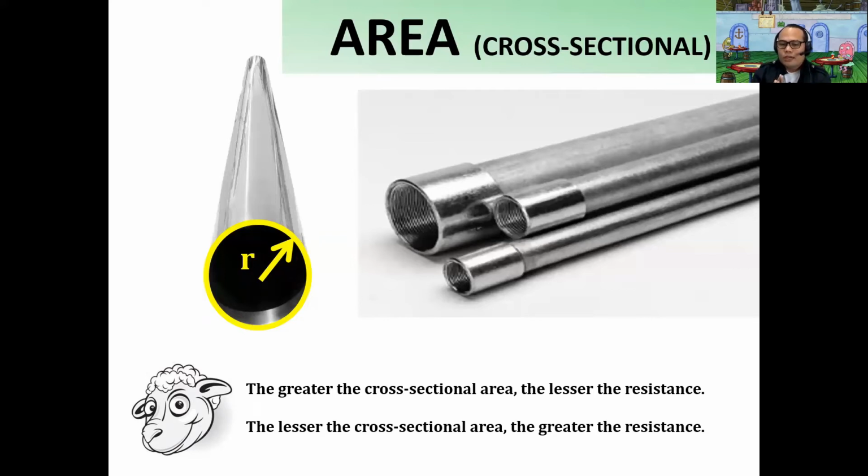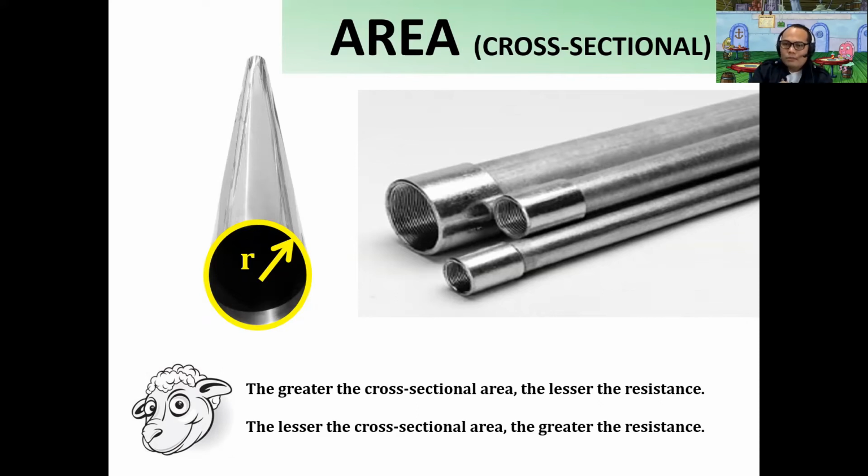But if the cross-sectional area is small, the resistance is greater, and it would be very hard for water to enter that pipe. That's the analogy for cross-sectional area and resistance. The greater the cross-sectional area, the lesser the resistance, and the lesser the cross-sectional area, the greater the resistance.